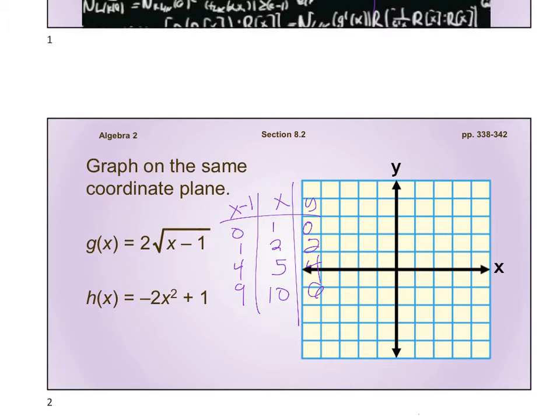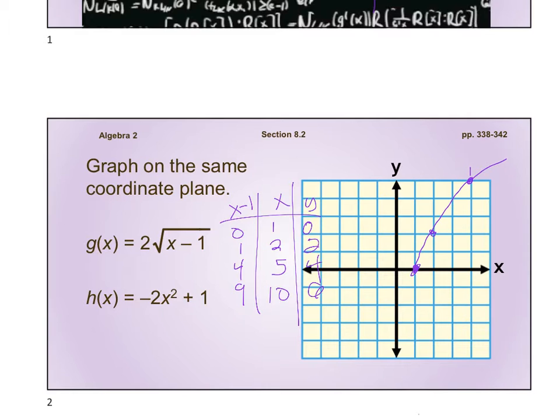Okay, 1, 0 is right here. And then 2, 2. And 5, 4, and 10, 6 is all the way up here. Okay, I can't plot the rest of them, but basically it's that.